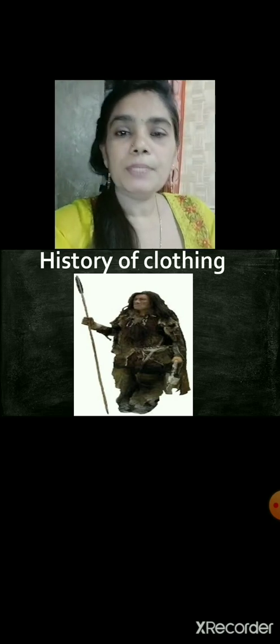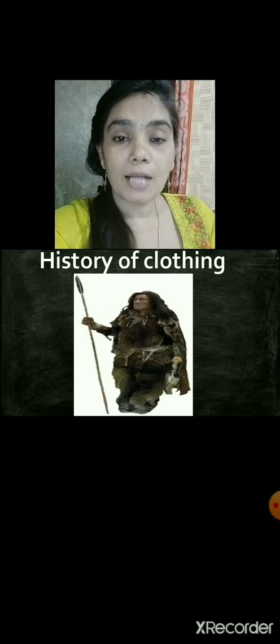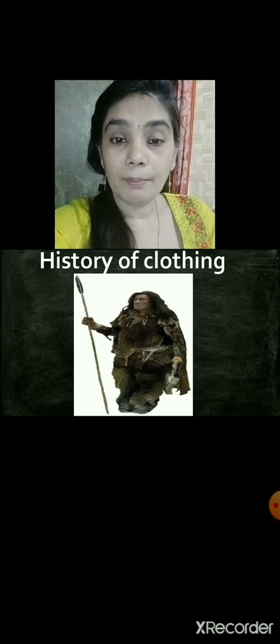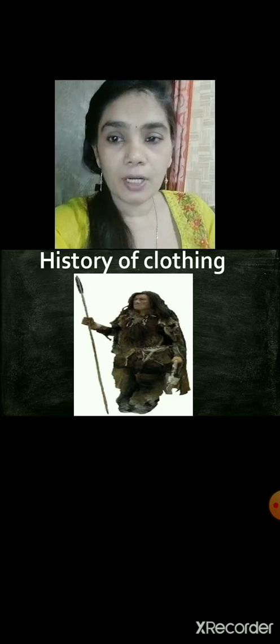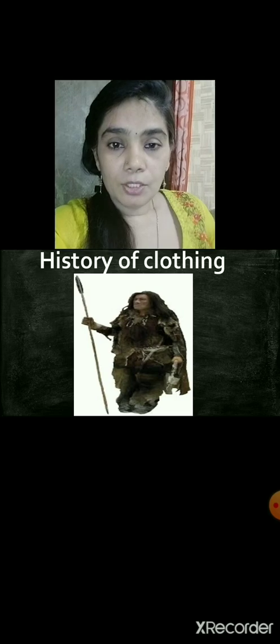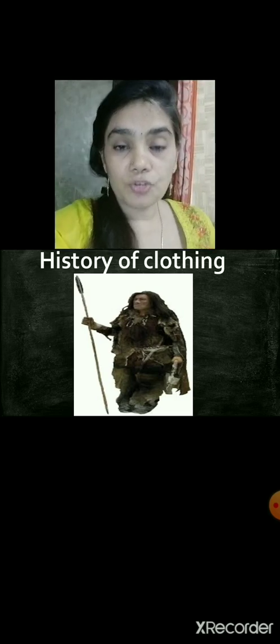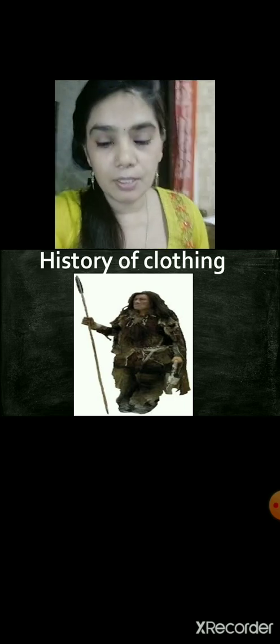It appears that in those times people used barks of trees, big leaves, animal skin and fur to cover themselves. So the history of clothing starts from the early human days.